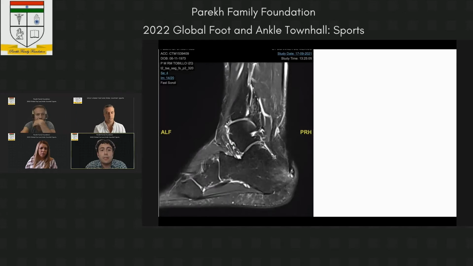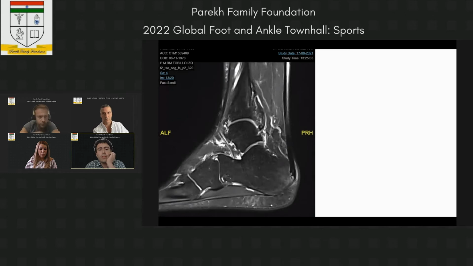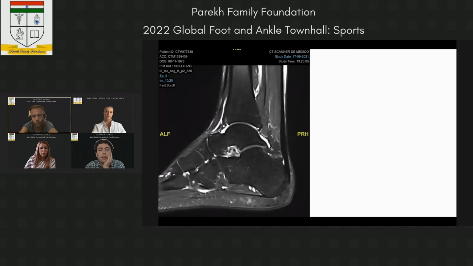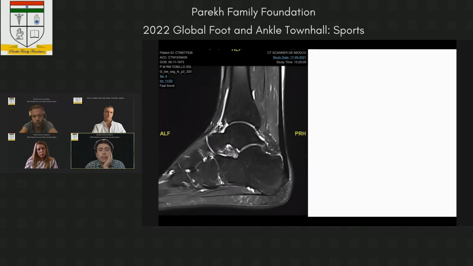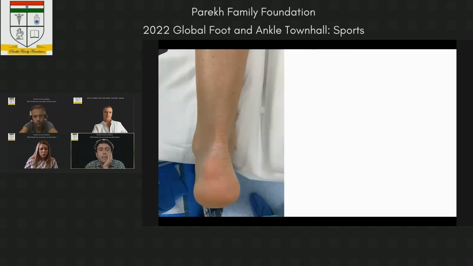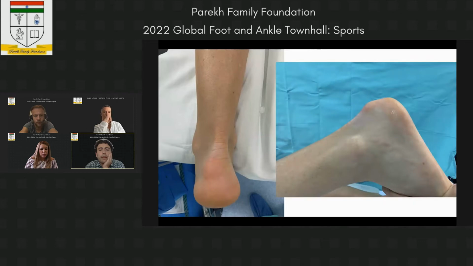So this is the MRI where we can see some bone edema, not a really bad Achilles, but there's a little bit of bursa. You can see it, it's not very bad, but we can see it clinically with a bump like this.